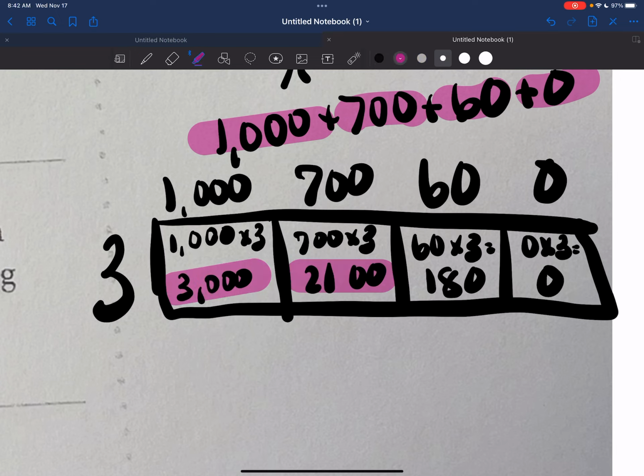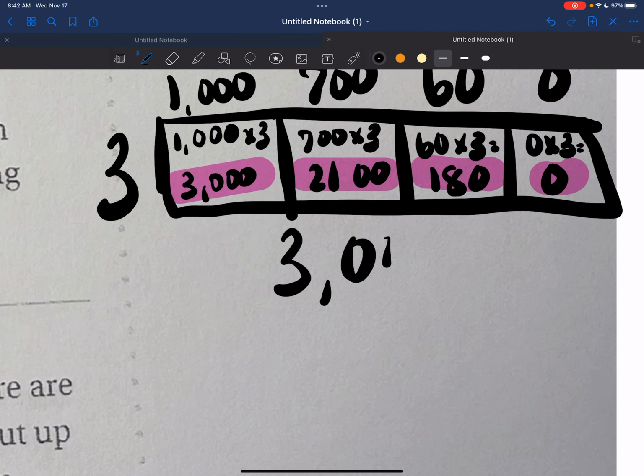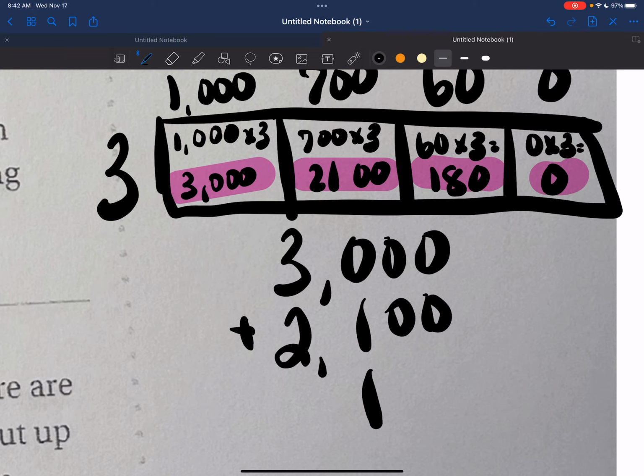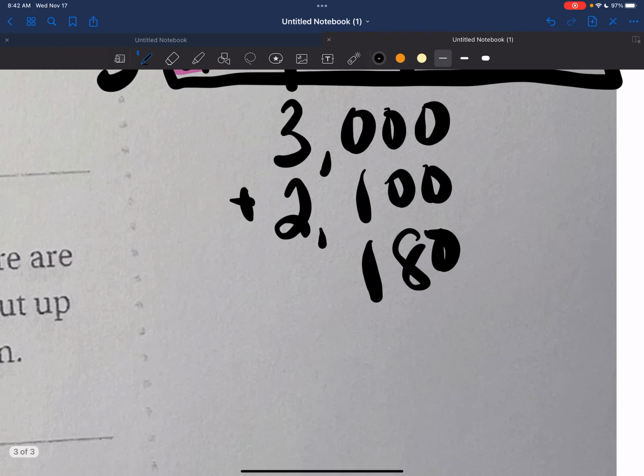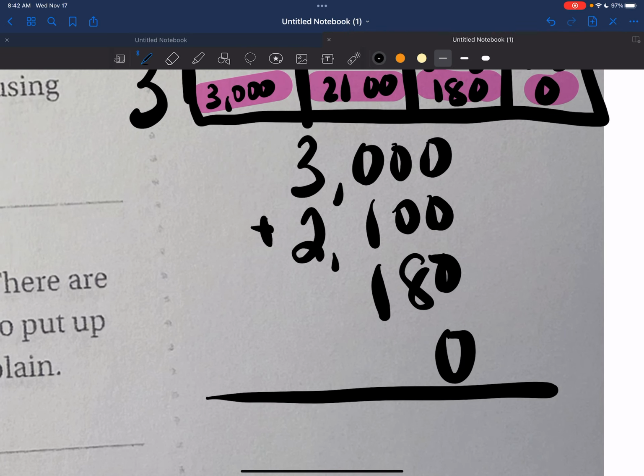And then add all of your products up. 3,000 plus 2,100 plus 180 plus 0. Make sure you're lining those place values up when you're adding. Always start in your ones. All of these are zeros, so we have 0. 0 plus 0 is 0. 0 plus 8 is 8. 0 plus 1 is 2.